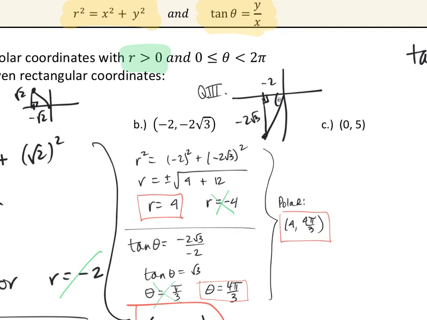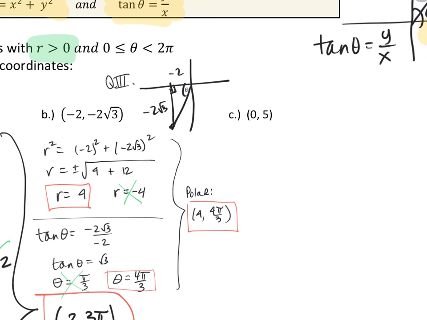Okay, moving on. Let's see. I'm in x and y. Sometimes it's hard to keep straight. Okay, so where am I? I have an x value of 0 and a y value of 5. It's up at 5.